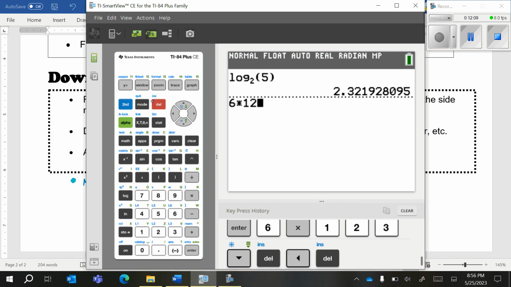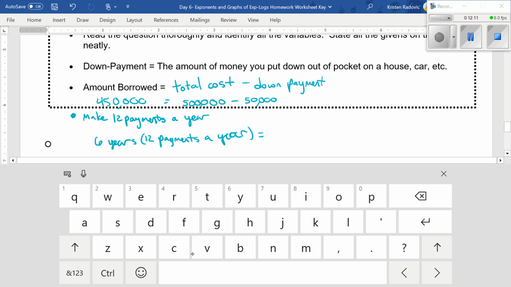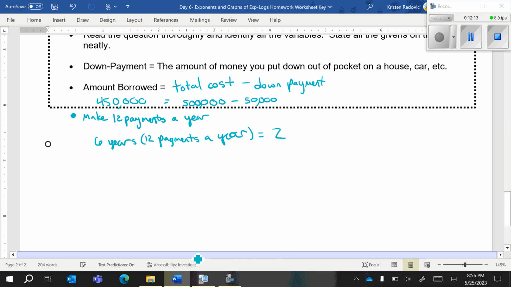There we go. You have a total of 72 payments to make. Because sometimes the questions do ask that as well.